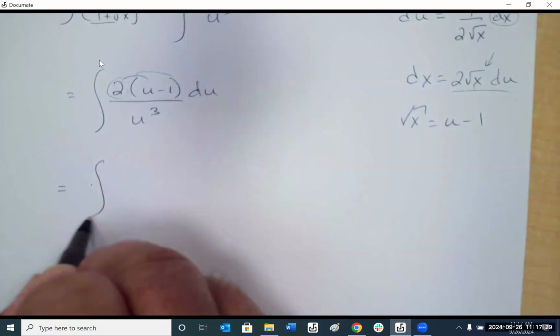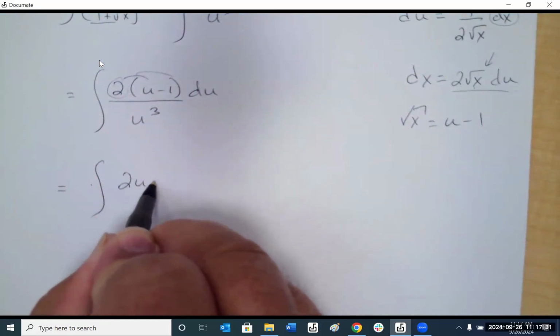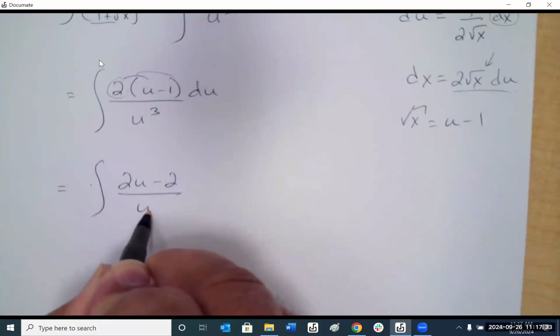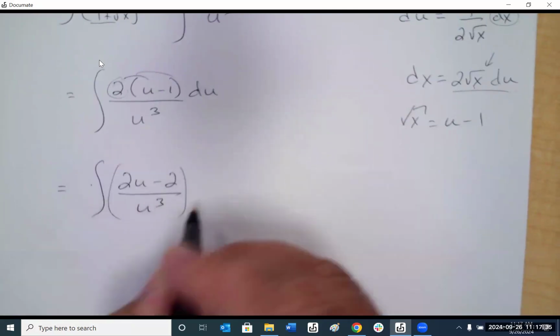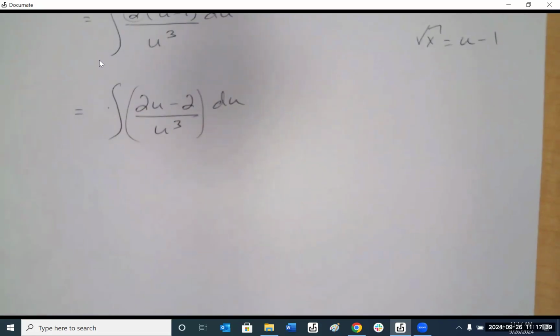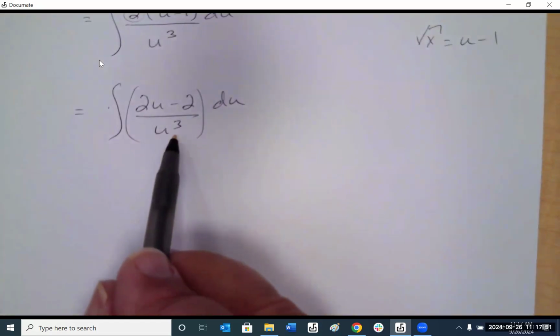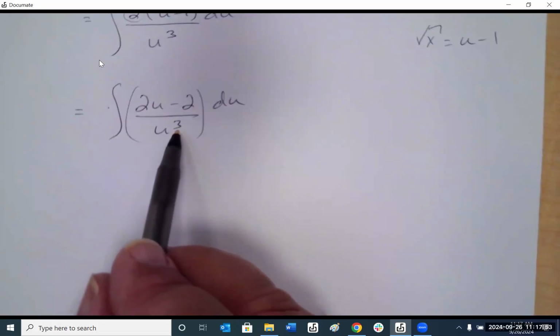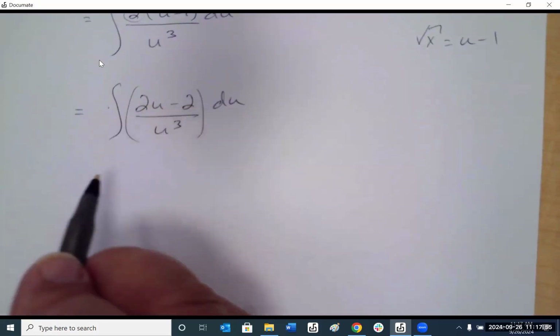So we have the square root of 2u minus 2 over u cubed du. How does that help us? Well, we now have a monomial on the bottom and an expression up on top.